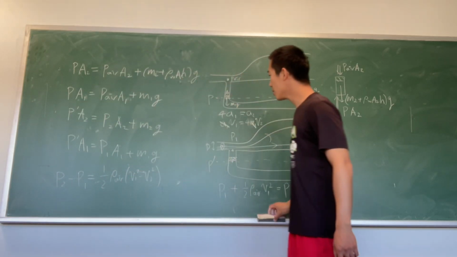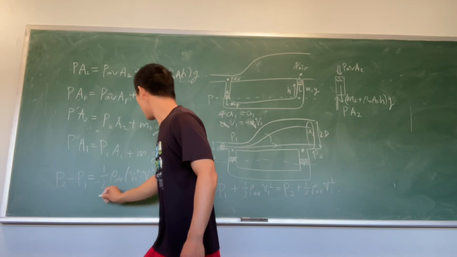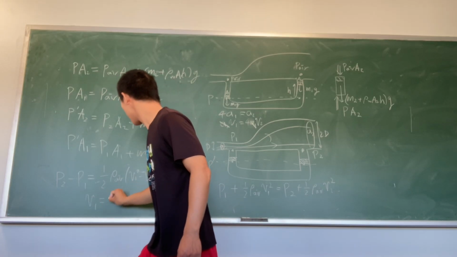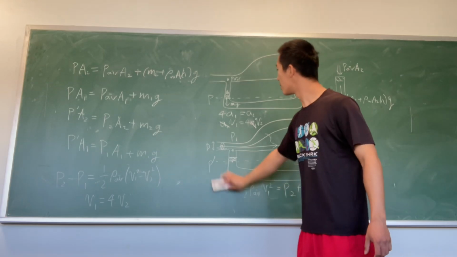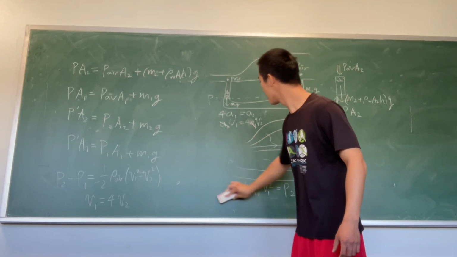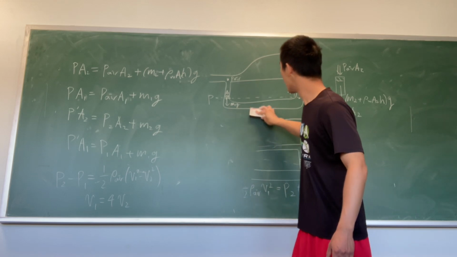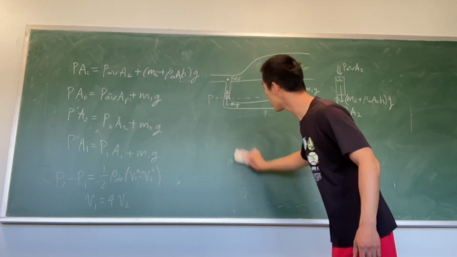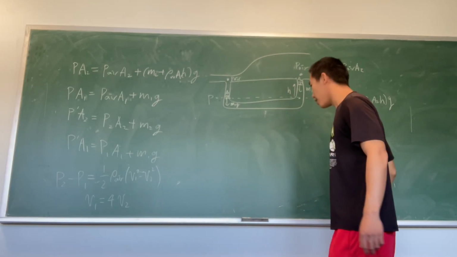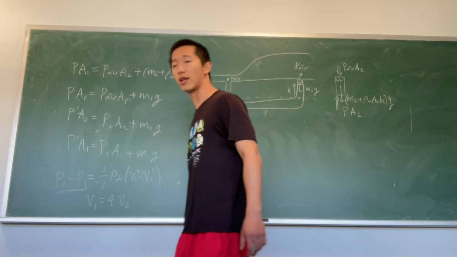So now from these 4 equations, or 5, V1 equals 4 V2. We can solve for the water height over here, or how high the right piston will be compared to the left piston. Because I know the key is the pressure difference, I'll try to get them.